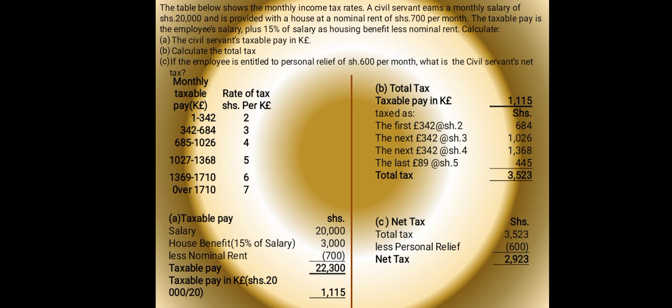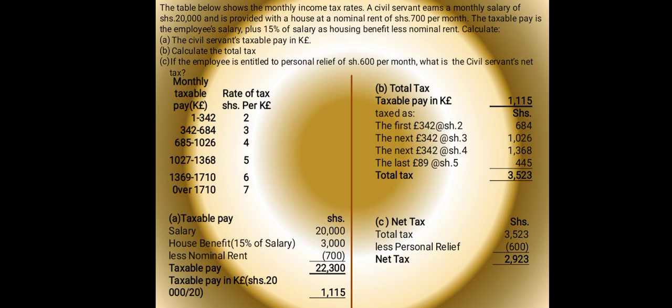Now table 1 shows the monthly tax brackets. So we shall go straight to table 2, which is named A, taxable pay, to compute the taxable pay of this civil servant. So the total salary is 20,000.